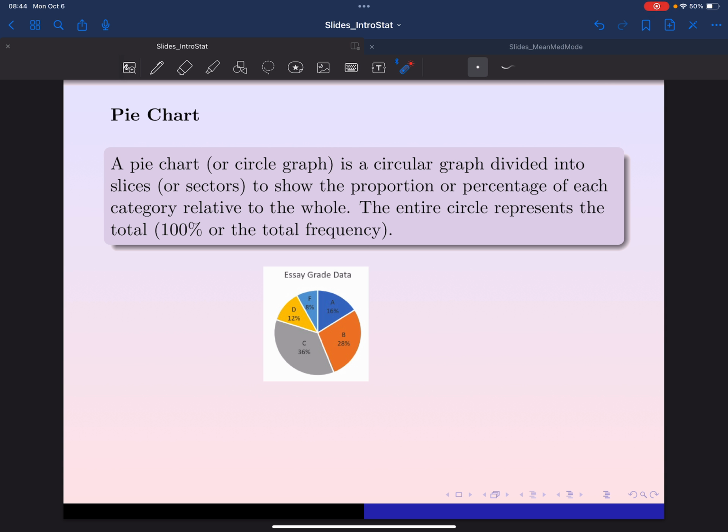So we have an example, like essay grade data. We can see that 36%, or roughly 1/3 of the pie, received C, and then 28%, which is very close to 30, almost 1/3, received B, and so on. So this is called the pie chart.